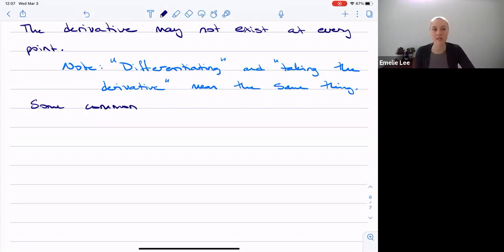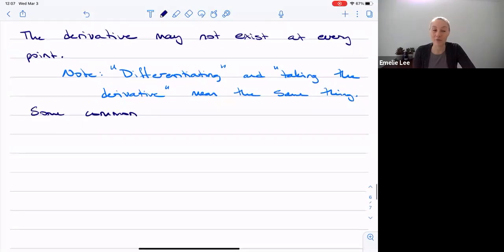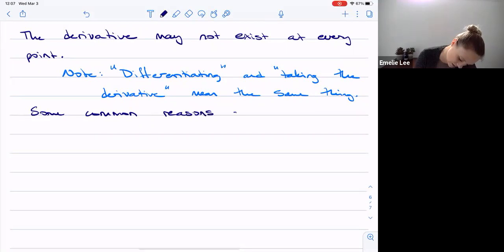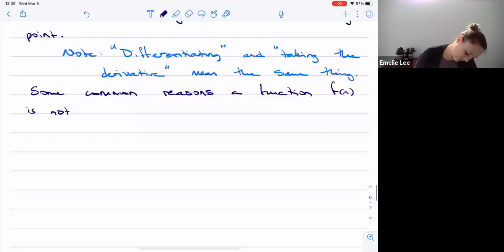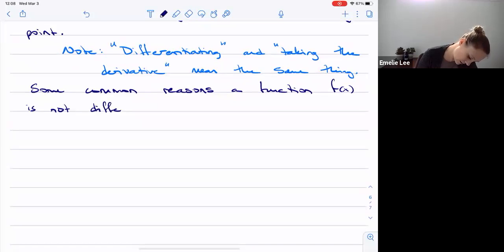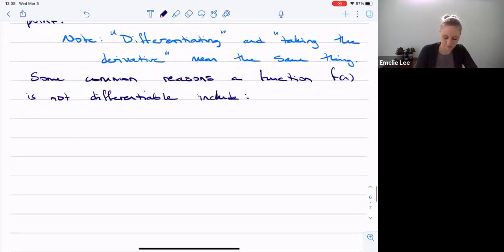So some common reasons that a function f of x is not differentiable, using our different terminology, include: first one being that maybe this function doesn't exist at a.